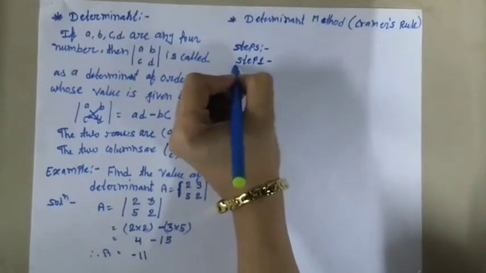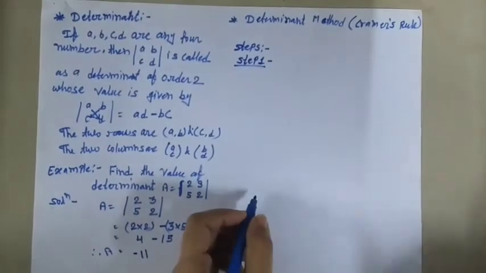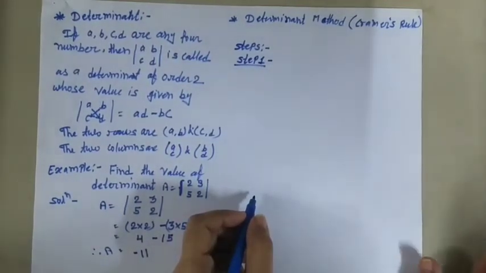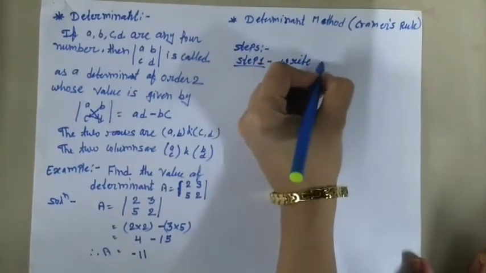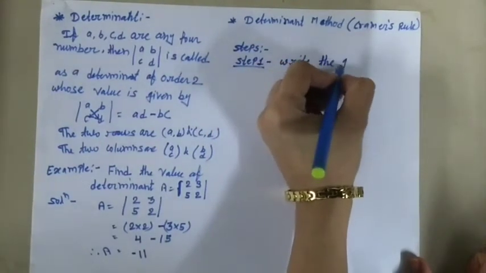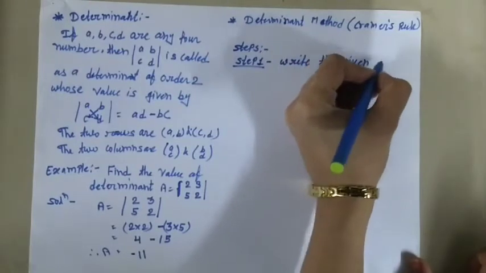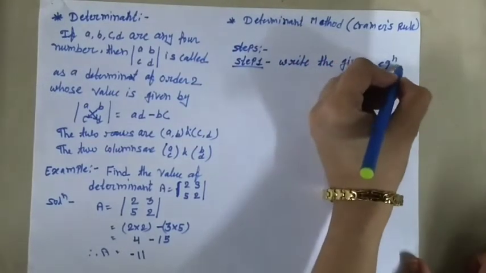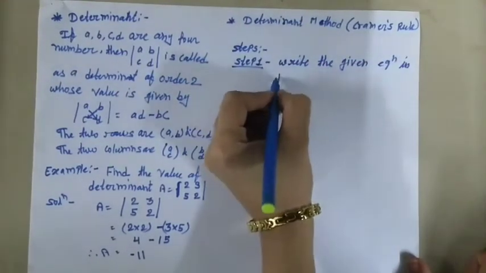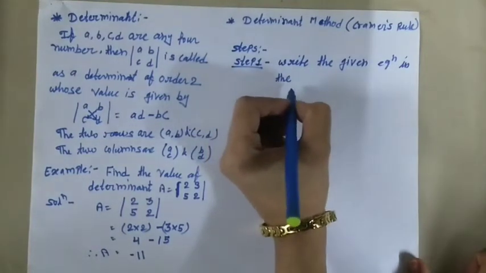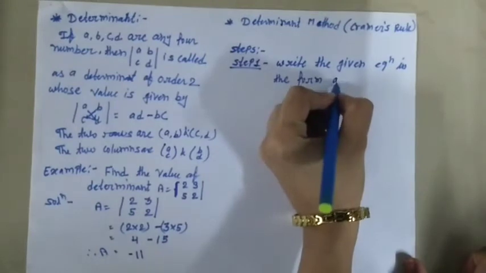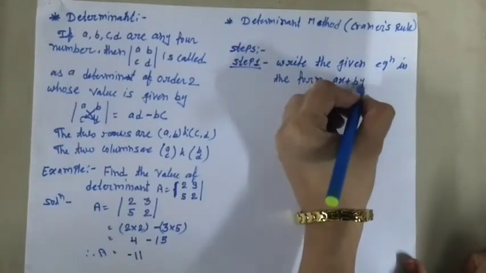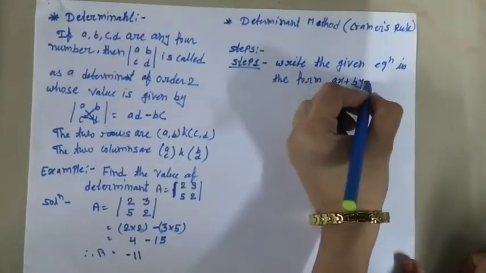Step 1: Write the given equations in the form ax plus by equal to c.